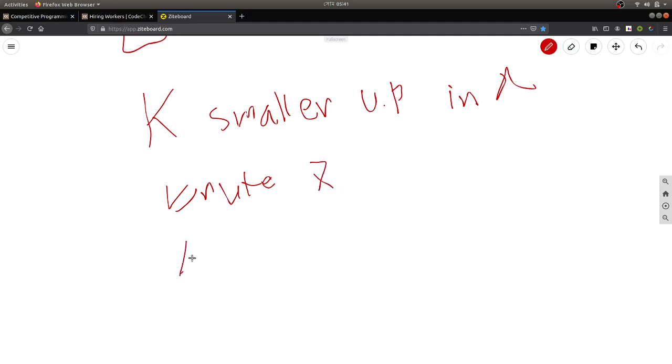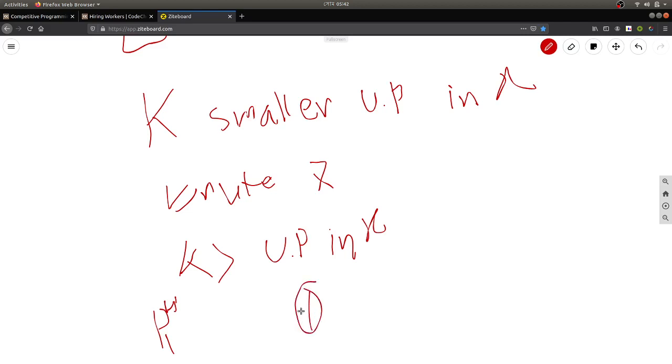If k is greater than the unique prime numbers in X, then we can just take those prime numbers with their power and make the additional ones 1. So this will give us the optimal summation and the optimal answer.